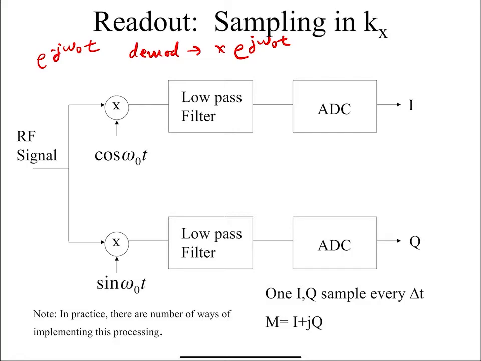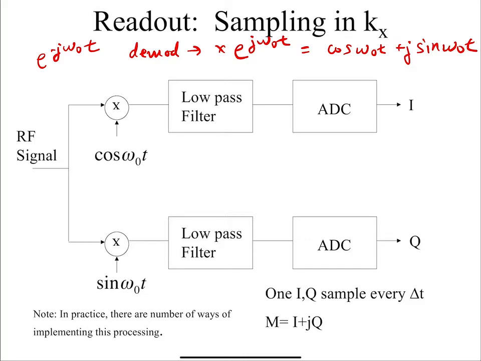And that's equal to cosine omega naught t plus j sine omega naught t. So the very first step in every MRI system, unless it's at very low frequency already, is this demodulation, where, for those of you who are electrical engineers, this is basically mixing down to baseband. Okay? So we want to go from the carrier frequency down to baseband.